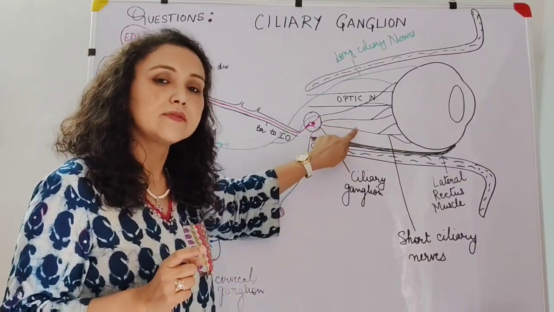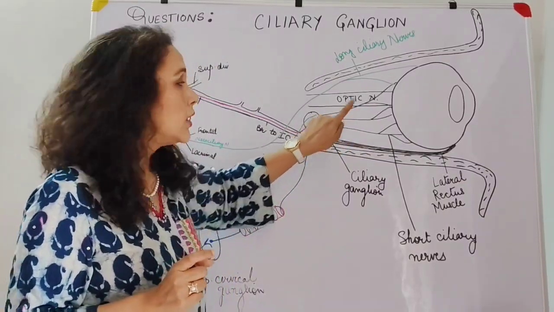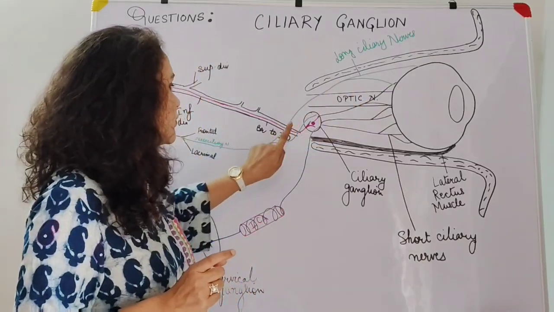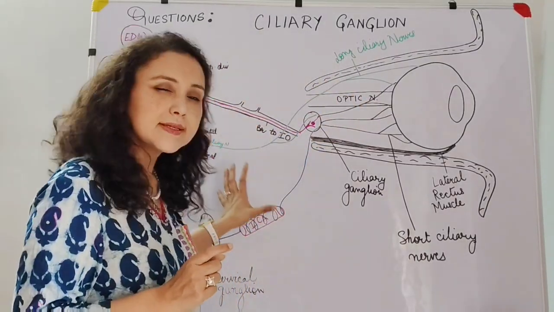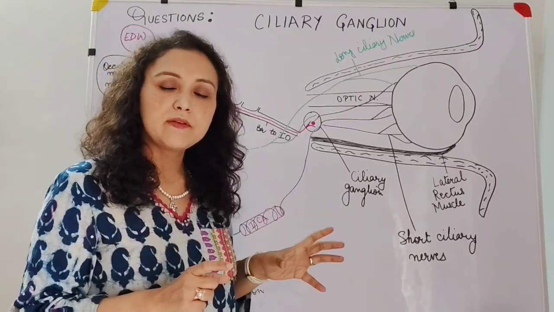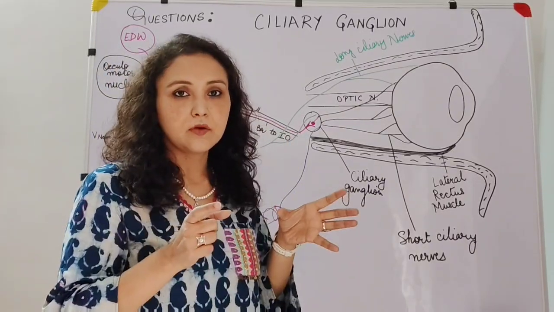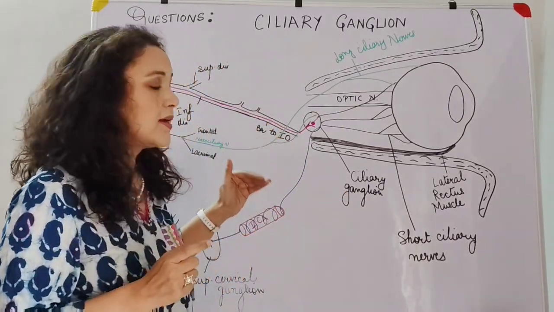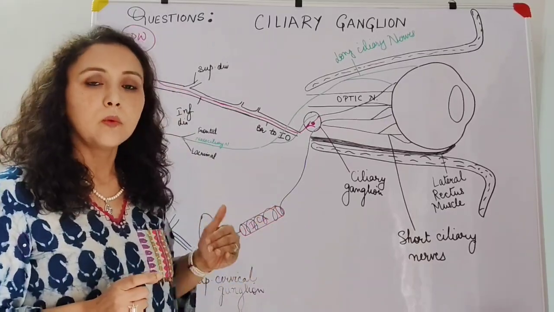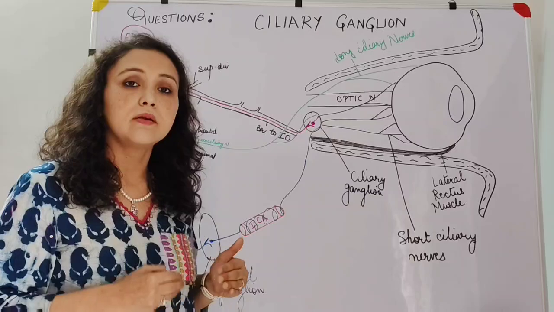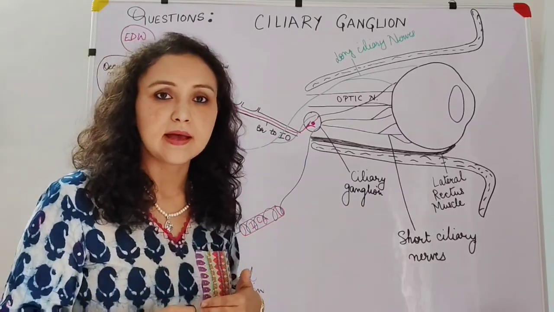So short ciliary nerves are branches of the ciliary ganglion, the long ciliary nerves are the branches of the nasociliary nerve. So if you just draw this diagram, go through my previous video, understand the basic concept, it will be easy to answer each and every question that comes from the ganglia, not only during your MBBS first year, also during your PG entrance exams.